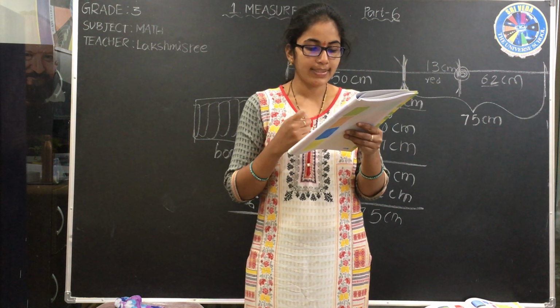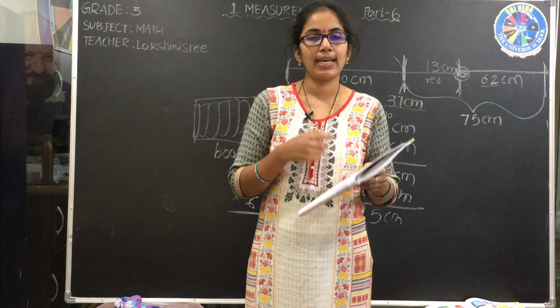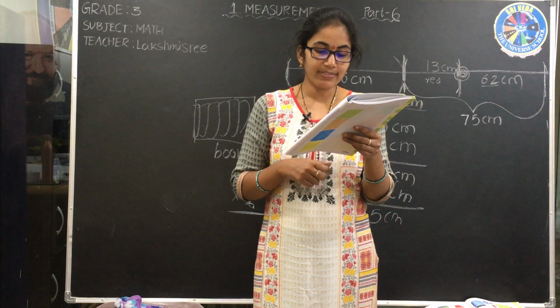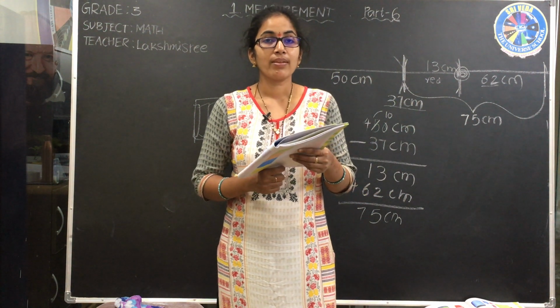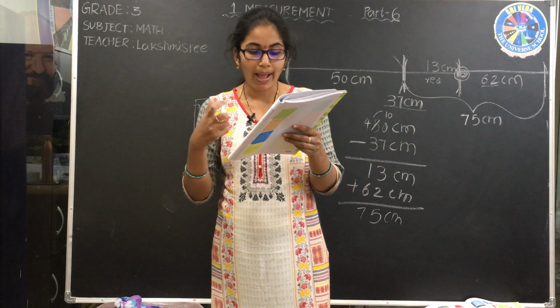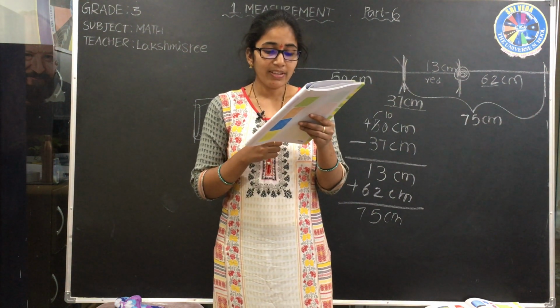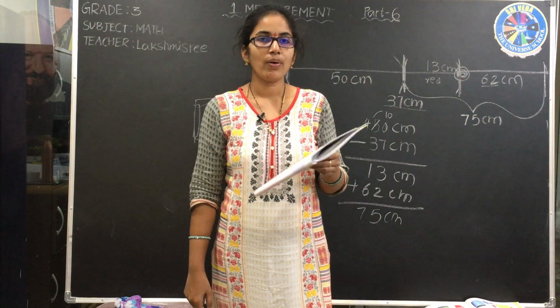A bag which consists of candy bars weighs 1 kg. The weight of the candy bars bag is 1 kg. If the weight of each candy bar is 50 grams. Okay?